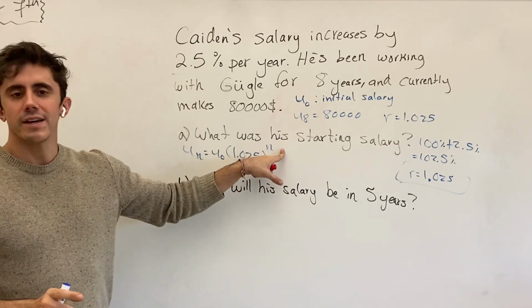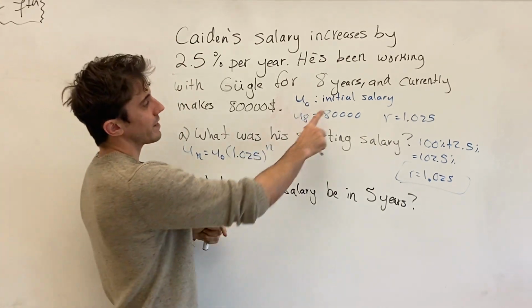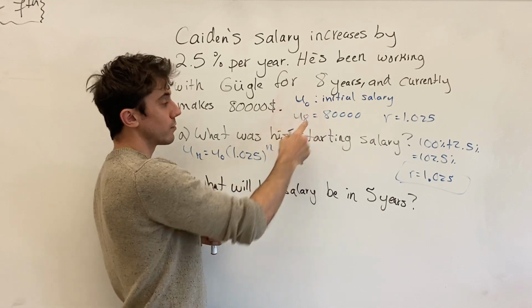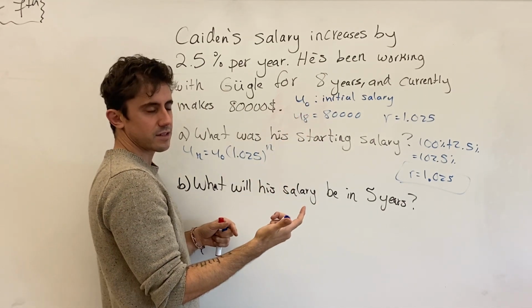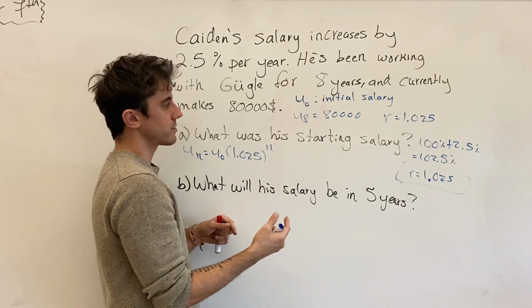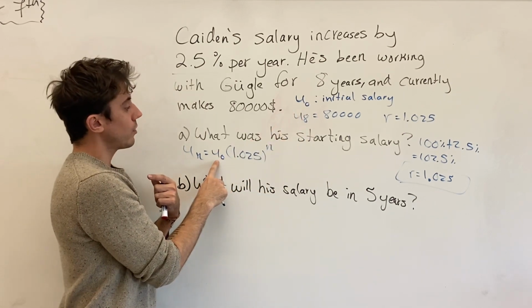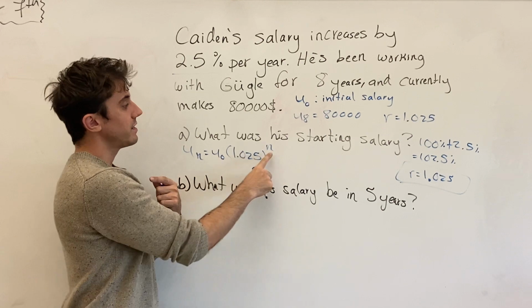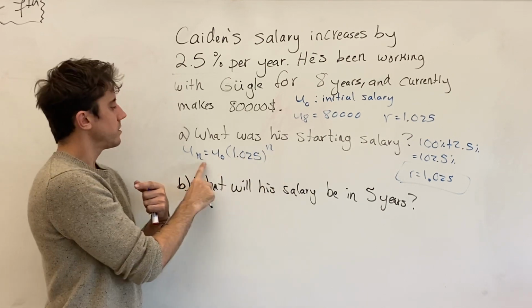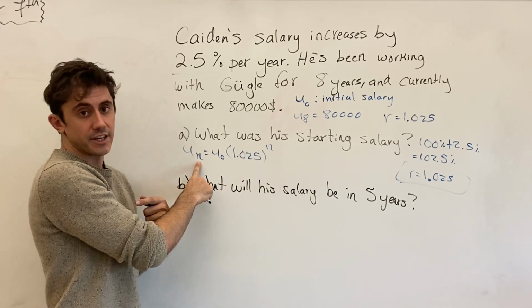I don't have to write n minus 1 in the exponent because we made our initial salary U0, not U1. So we only multiply that initial amount n times to get his salary in the nth year.